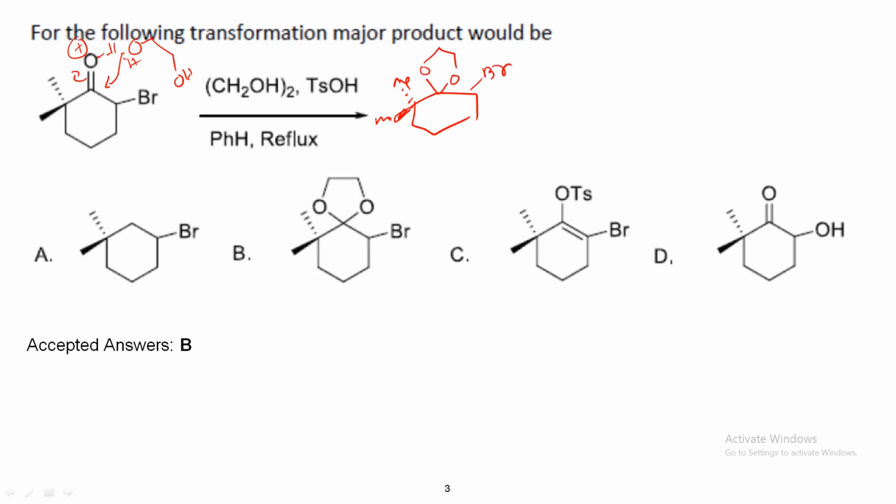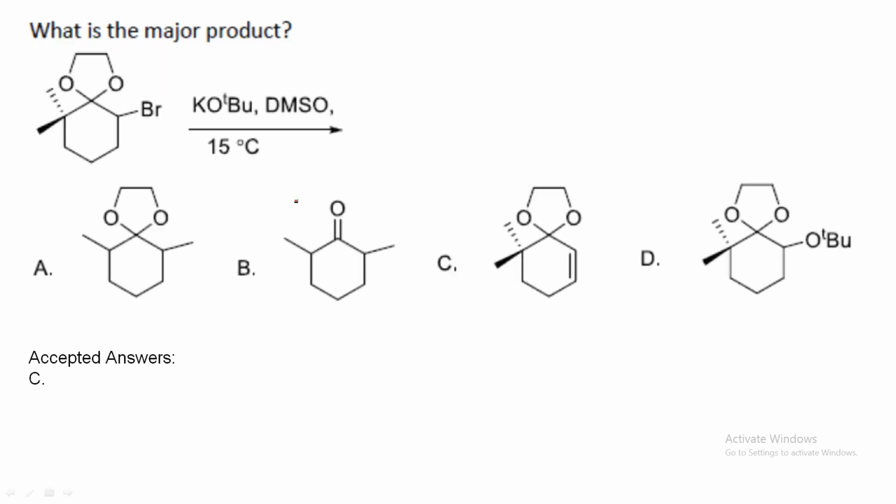So quite easy. B would be your product, and in this particular thing, potassium tert-butoxide is a good base, not a good nucleophile. That's why it would do the elimination and form this eliminated product C.